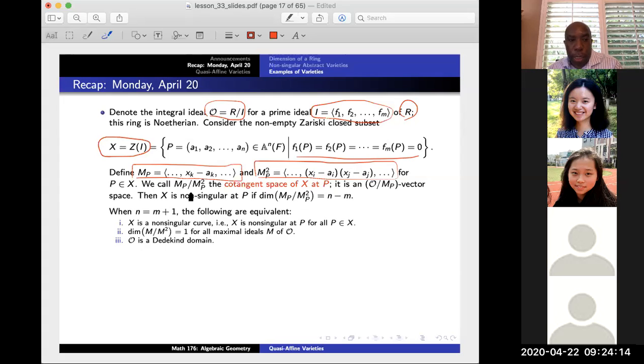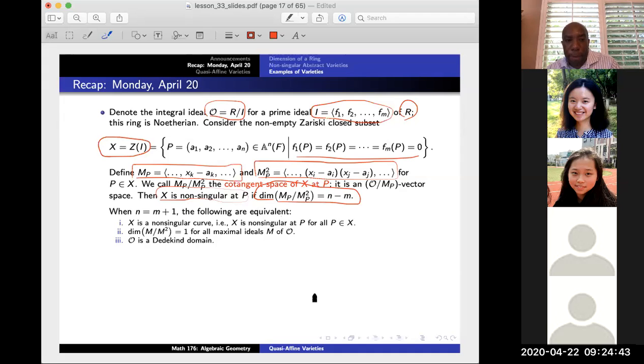So then the quotient, m mod m squared, is what we call the cotangent space at P. And this here turns out is a vector space. And we had the statement before that it's non-singular at P, right? Our non-empty Zariski closed subset is non-singular at P if and only if the dimension is n minus m.